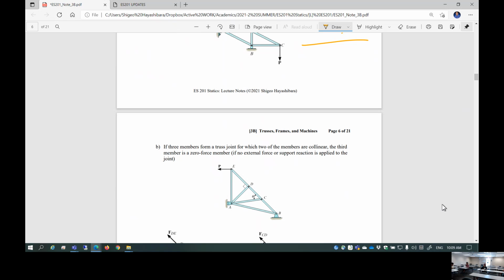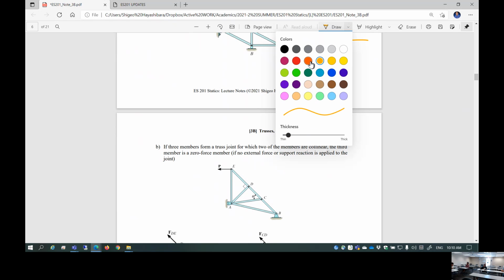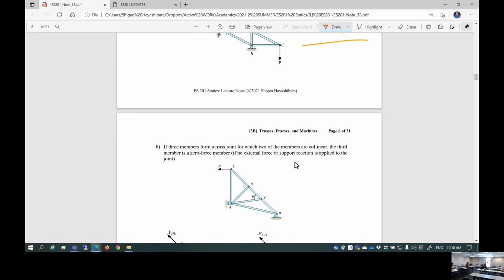So this is actually quite important. Okay? If 3 members form a truss joint for which 2 of the members are collinear, the third member is a 0 force member. Okay, so out of this, which joint is under such situation? 3 members create a joint. 2 of them are collinear.